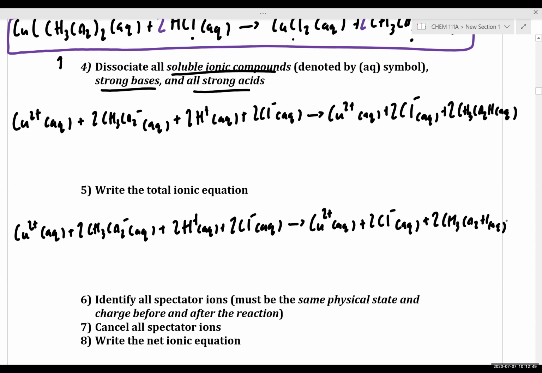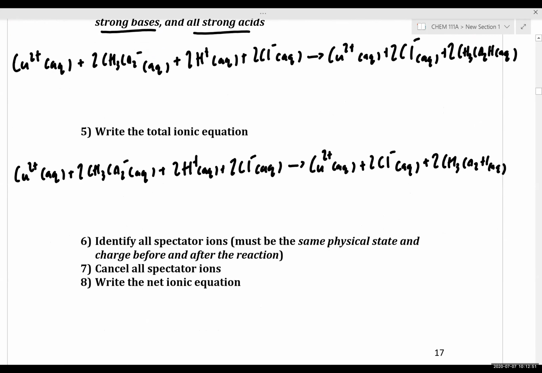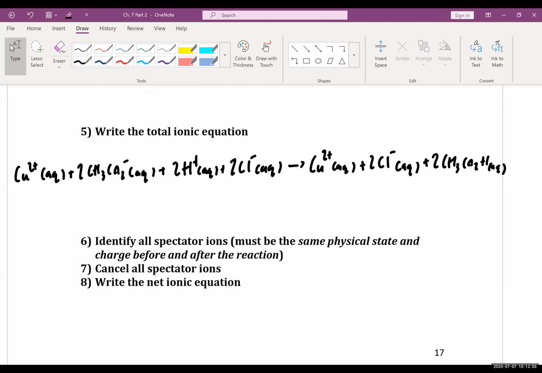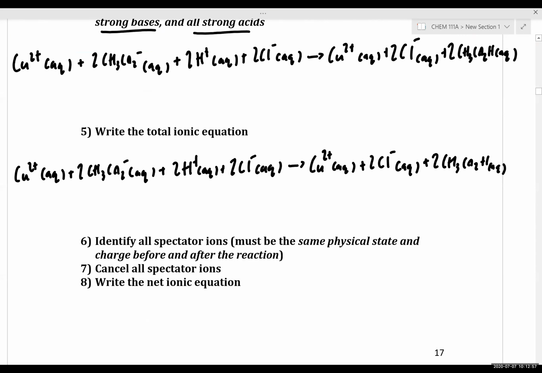So now that we have our total ionic equation, let's identify our spectator ions. What are our spectator ions in this case?